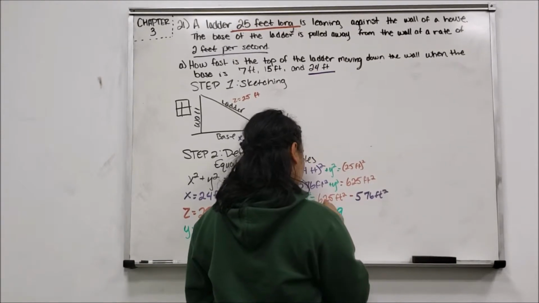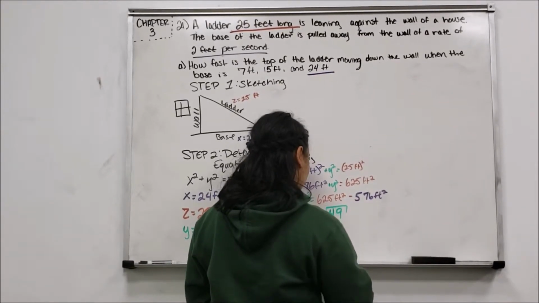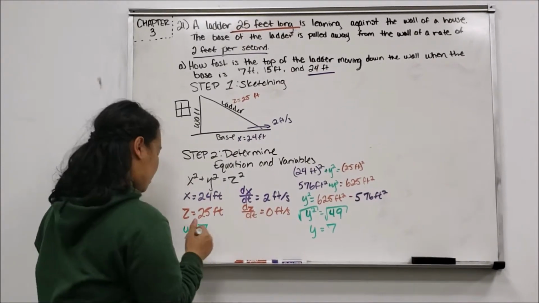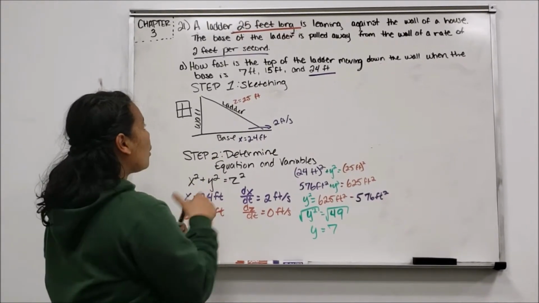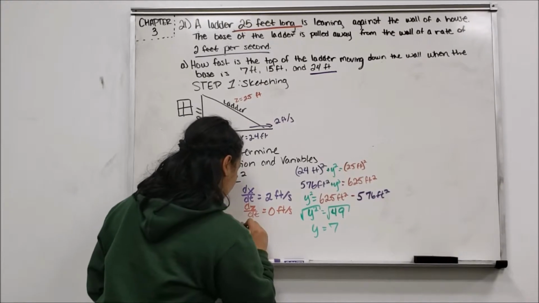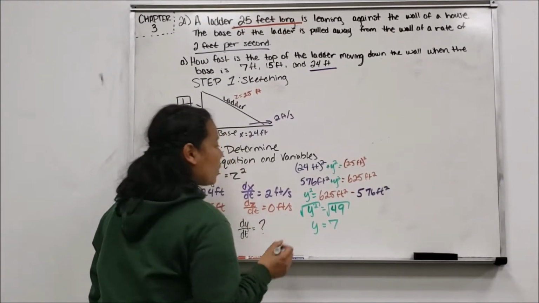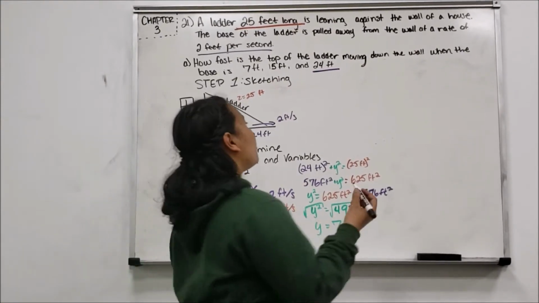Take the square root of both sides, and you get y equals 7. So now we know our y is 7, and we are still looking for dy dt. So dy dt is still our question mark. Okay, so now we'll move on to step 3.